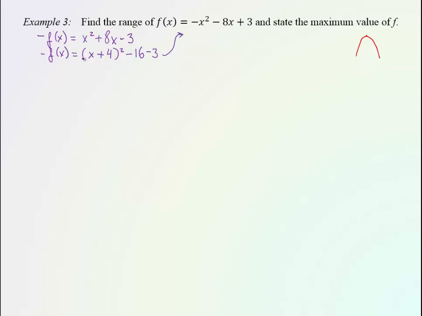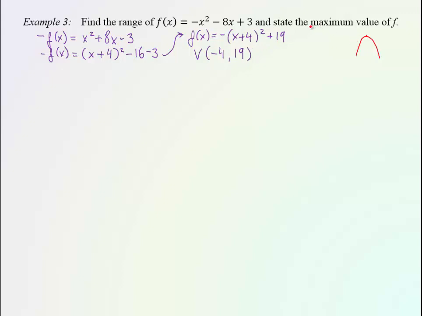Therefore, if we solve this equation for f of x, which means multiply by negative again, so f of x would be equal negative x plus 4 squared, and since that was -19 and we need to switch the sign, it becomes positive 19 here. Therefore, the coordinates of the vertex are -4, opposite to whatever we see in the bracket, and 19, the same sign from outside of the bracket.